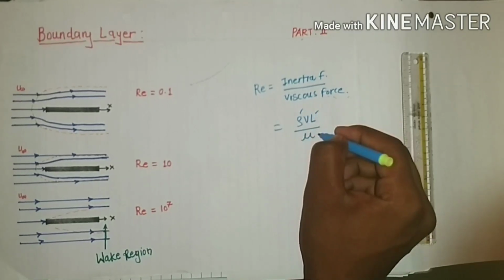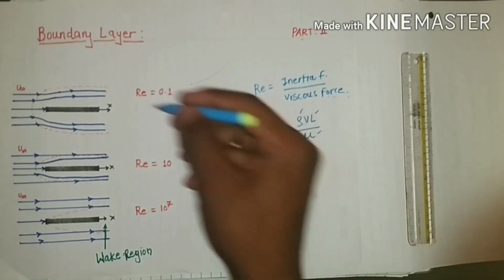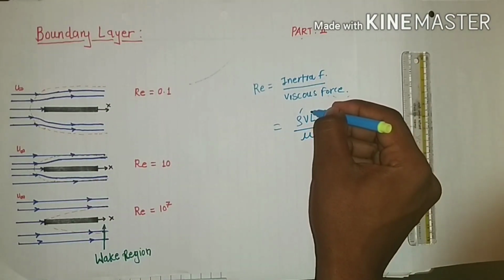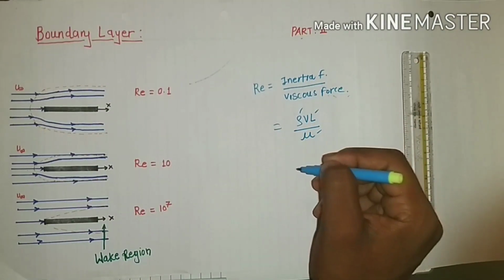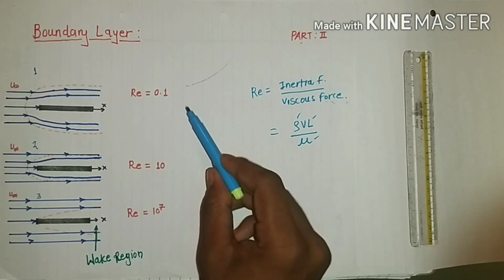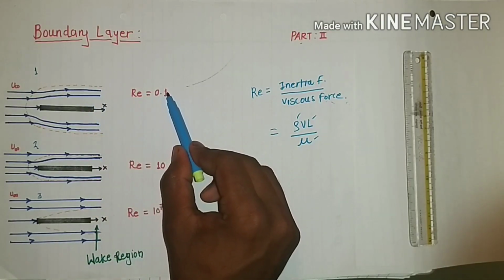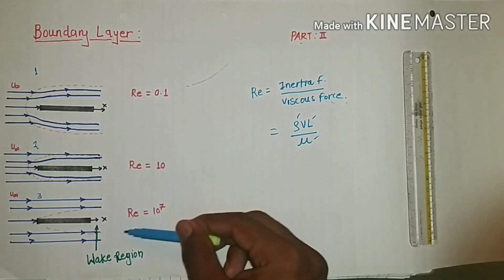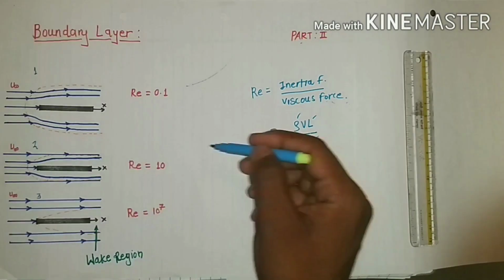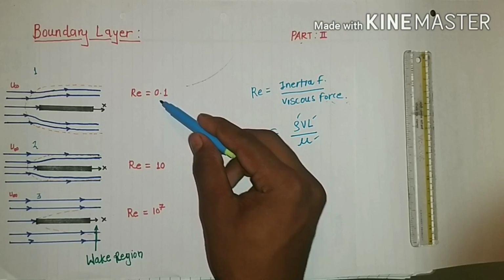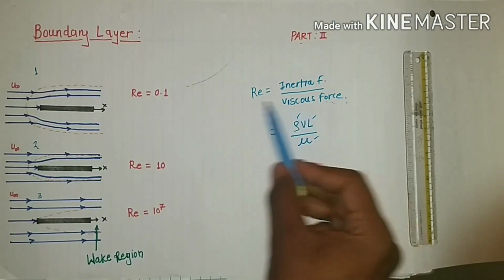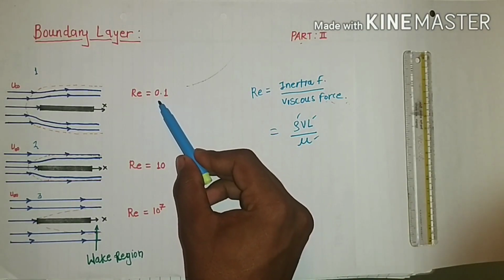These three parameters of the fluid are the same for all three figures, only the velocity changes. In the first figure, the velocity of the object is such that it makes the Reynolds number 0.1. Similarly for the remaining two figures. In the first figure, we can see that the viscous force dominates the inertia force.